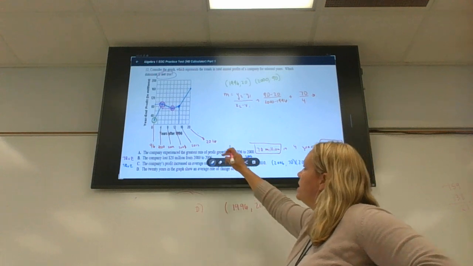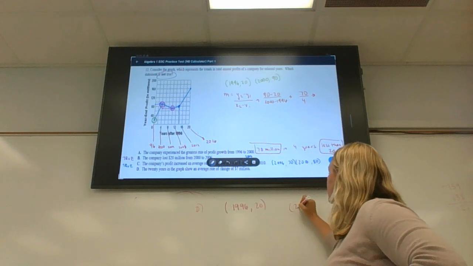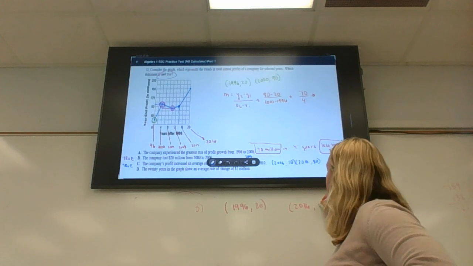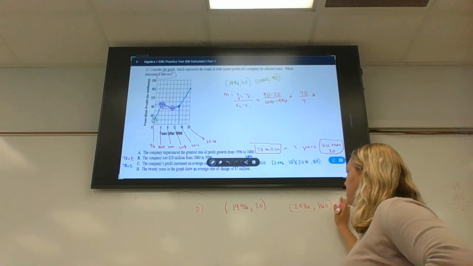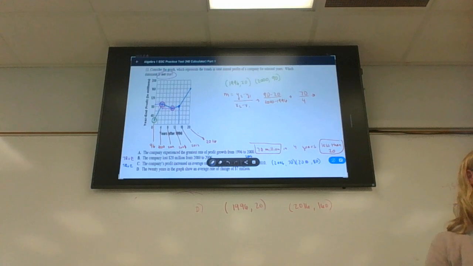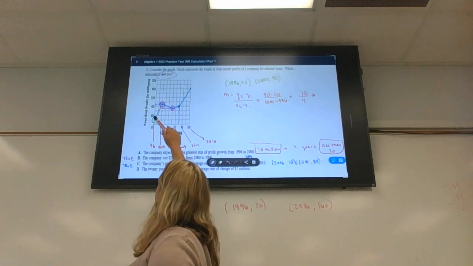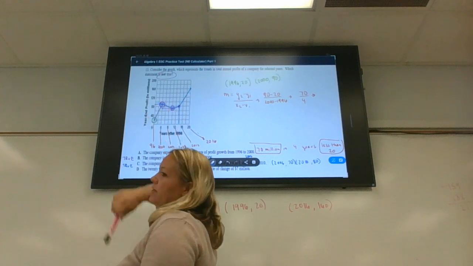Our last point would be 2016 at 160 million. Everybody do slope formula for this one. It's 20 years. How much should it go from this point to this point?